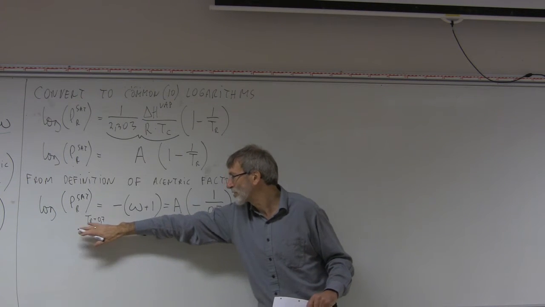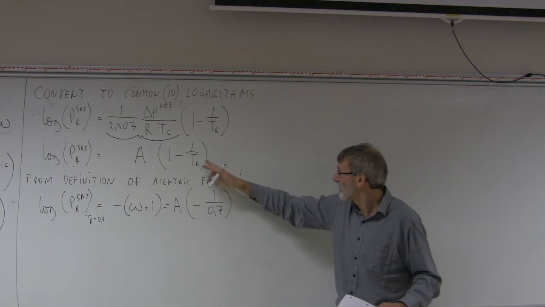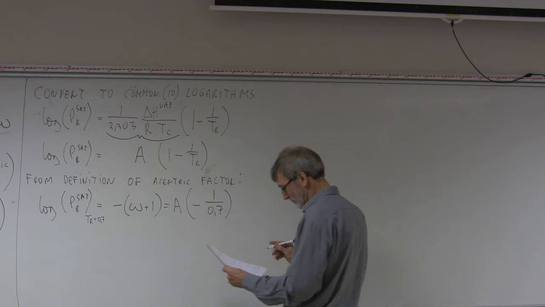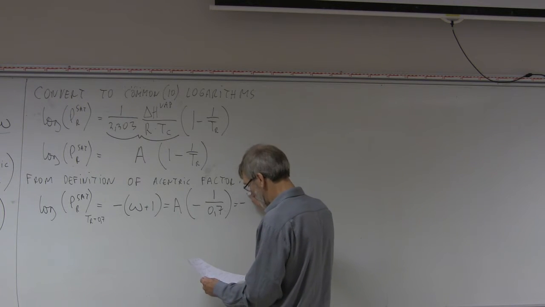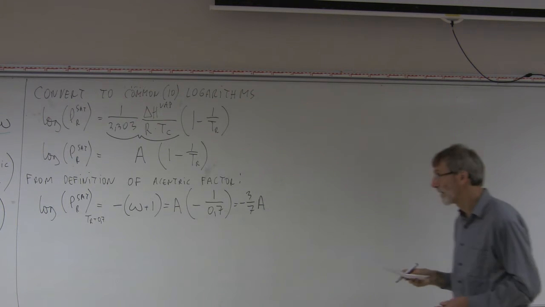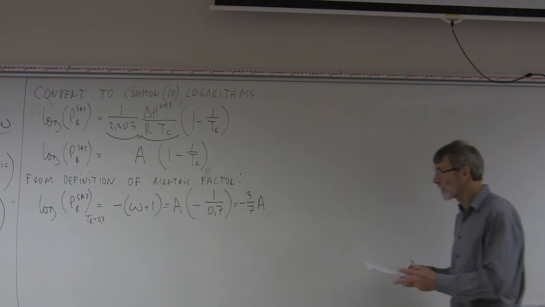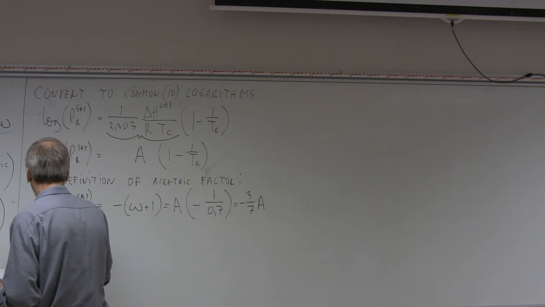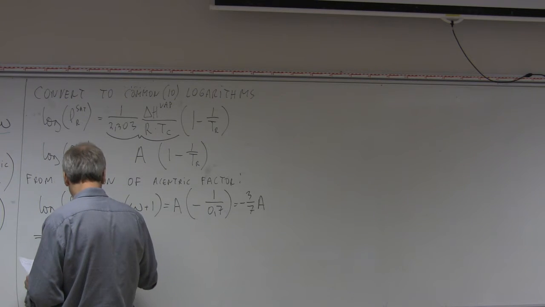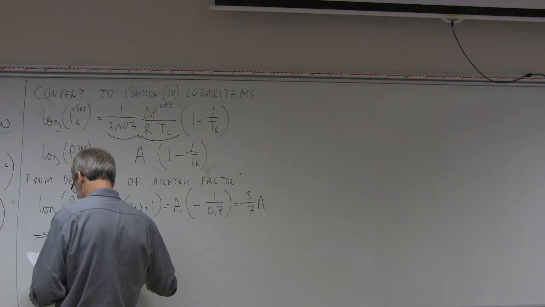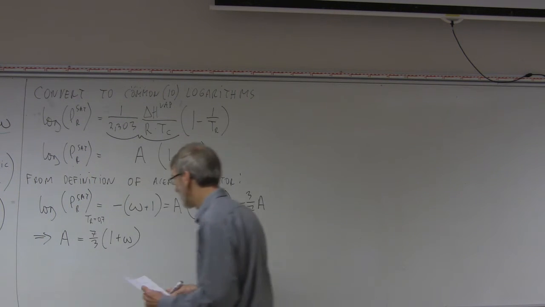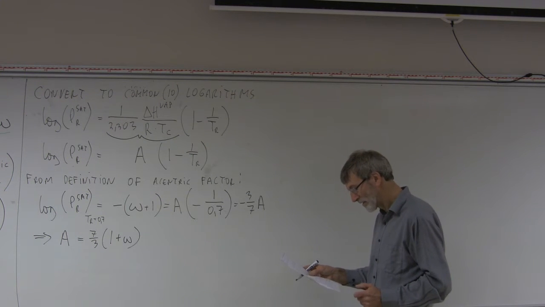The reduced temperature should be 0.7, or minus 3 over 7 times A. And then we have a value for A as a function of the eccentric factor.